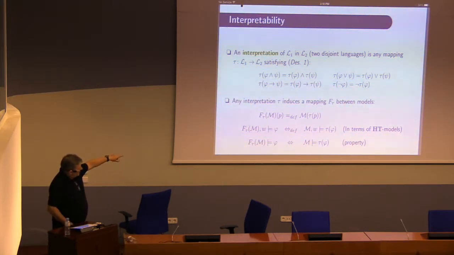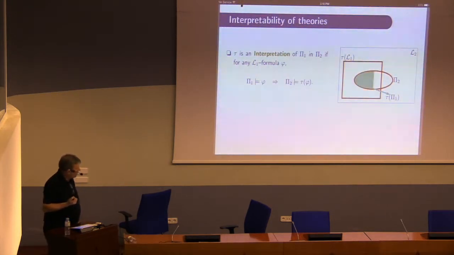F is the map between models, and W refers to the world H or T within the model, because now it's not a classical model we're talking about. It's a three-valued thing, and then we can derive this second property, that phi is true in the image of the map F if its translation is true in the model you start with.